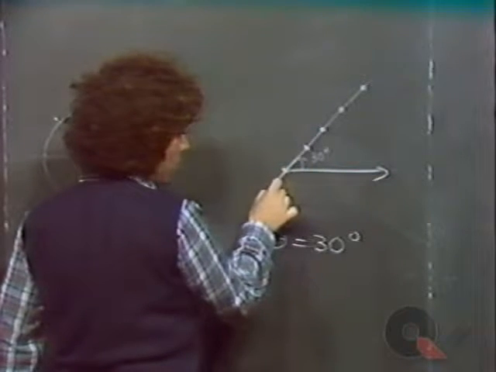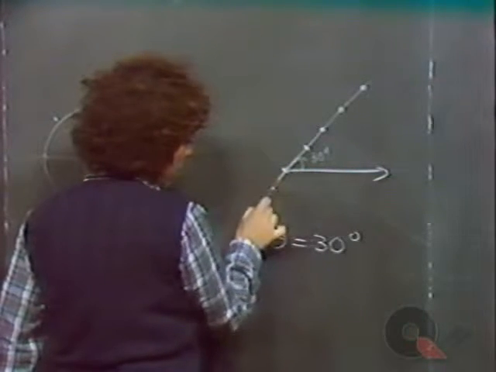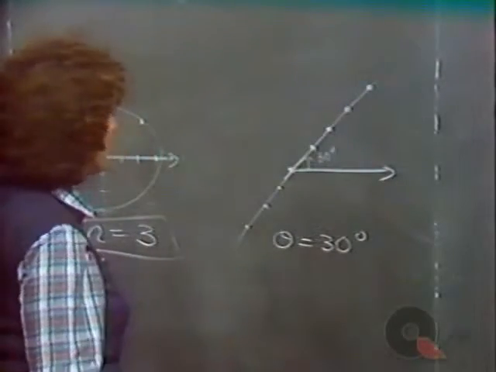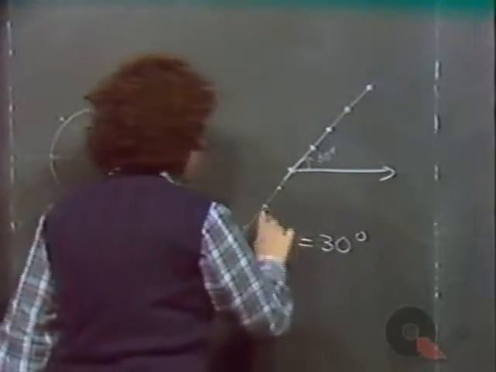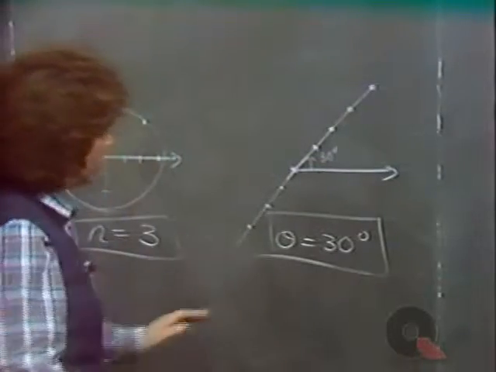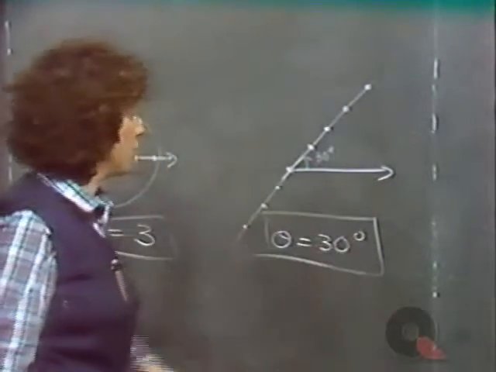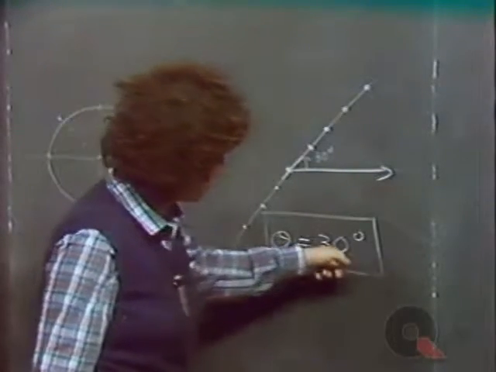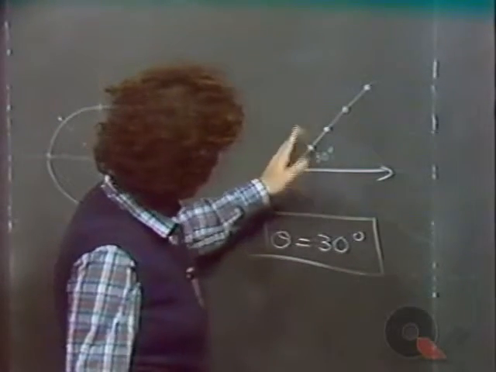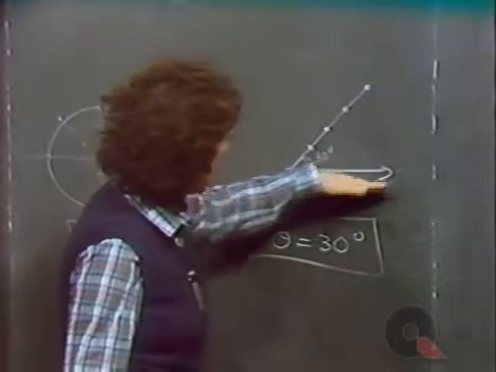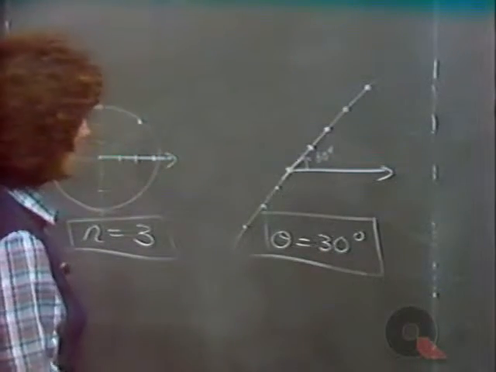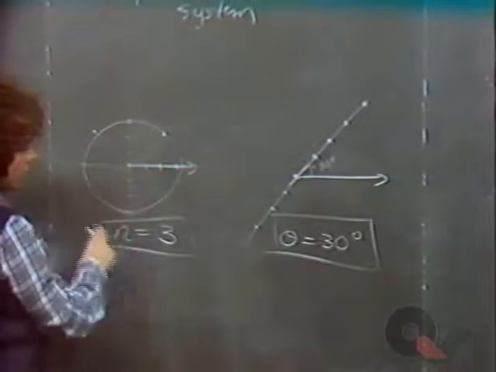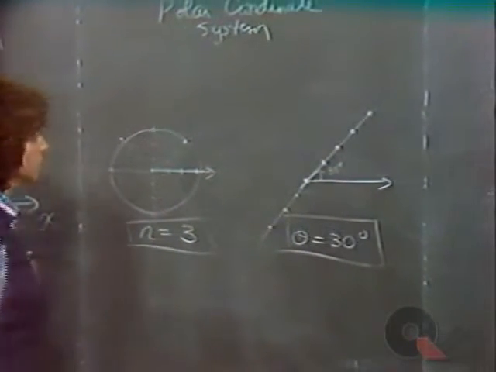And if r is -1, you'd walk backwards. If r is -2, if r is -3. So we would have a straight line. So theta equals a constant, in this case theta equals 30 degrees, represents a straight line that goes through the pole. In this case, the angle here is the angle that the line makes with the positive polar axis. And r equals a constant represents a circle centered at the pole.